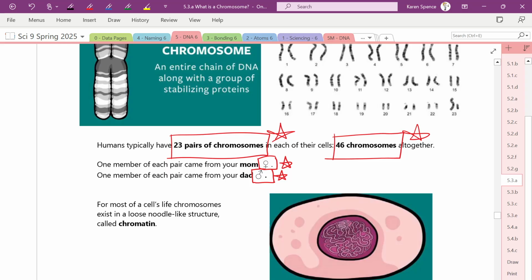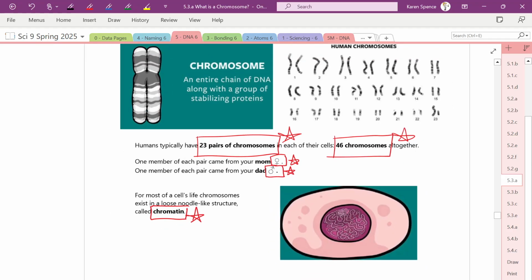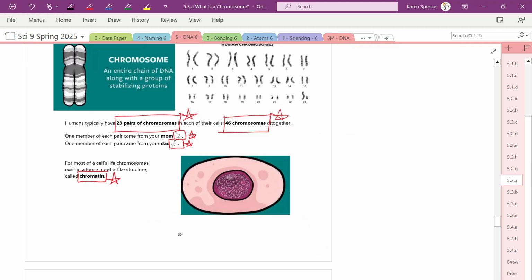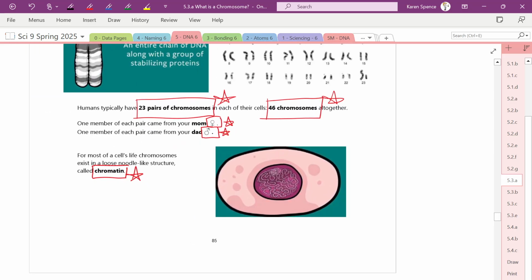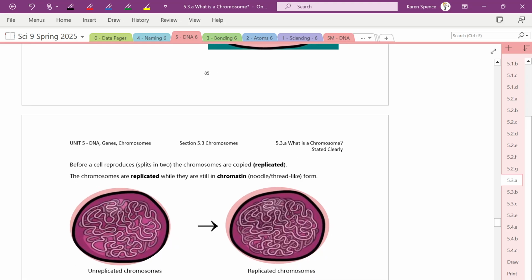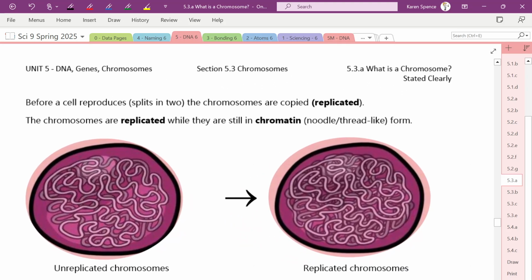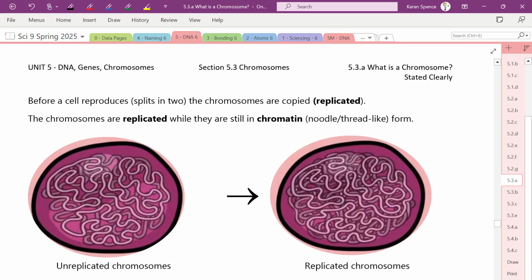For most of a cell's life, yes, chromosomes exist in a noodle-like structure called chromatin. We knew that already. And this is a little bit new.